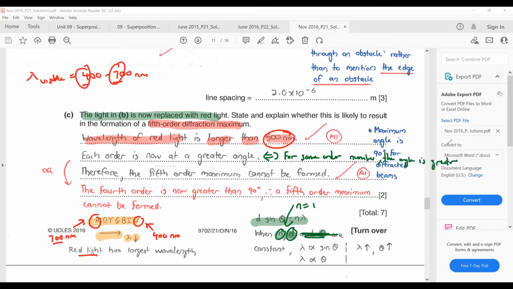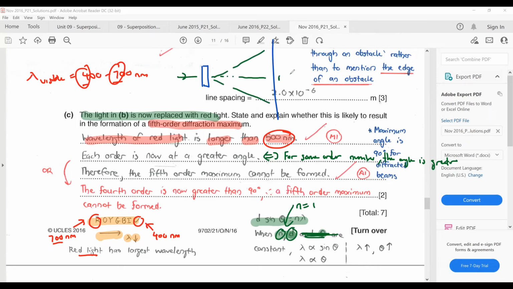What do I mean by that is something like this. Say I shine green light onto your diffraction grating that passes through it, it will form an image on your screen like this.